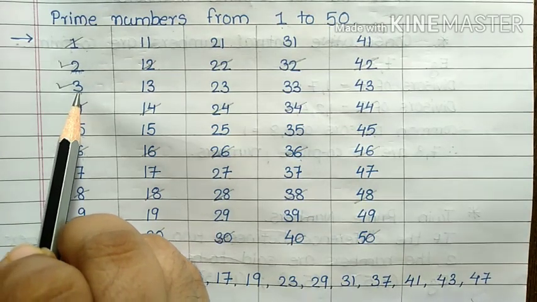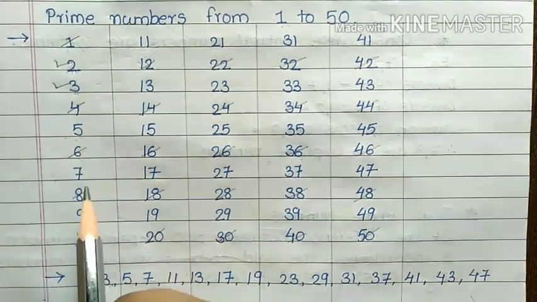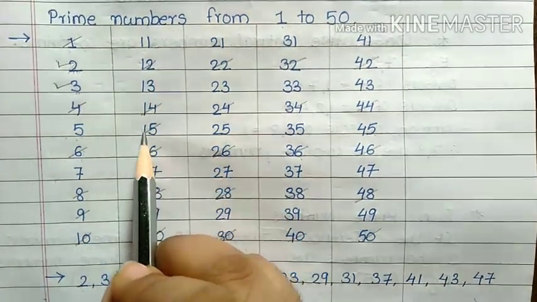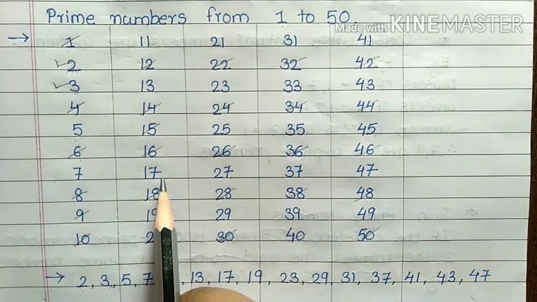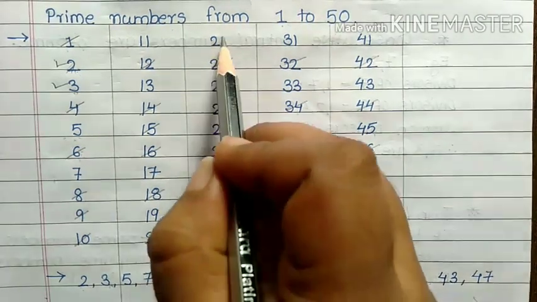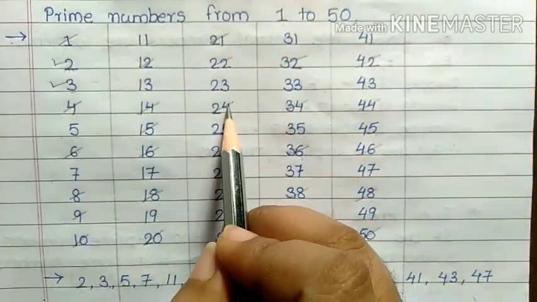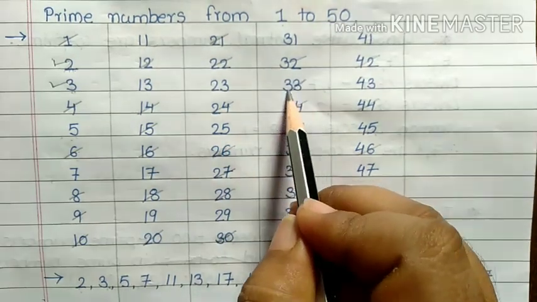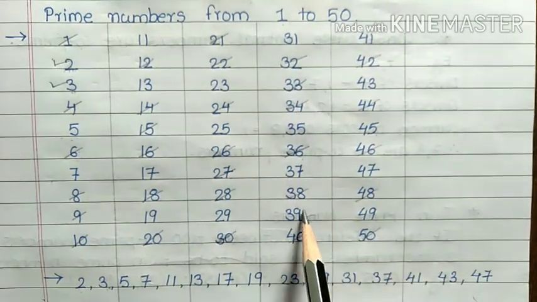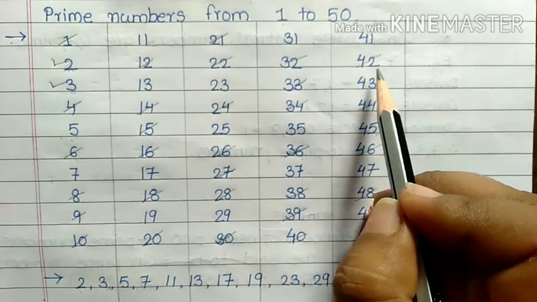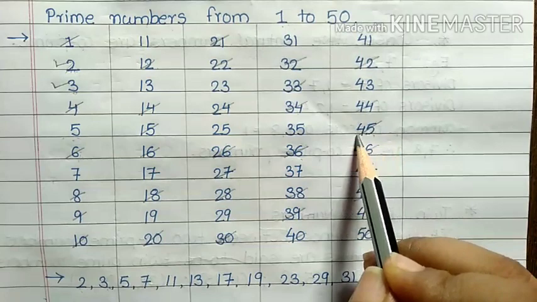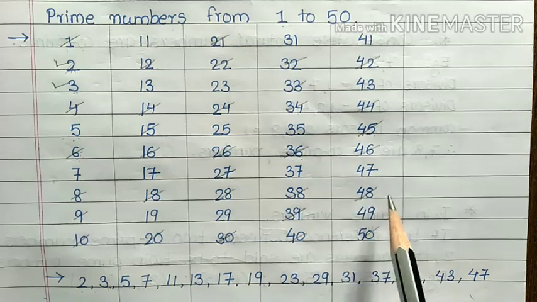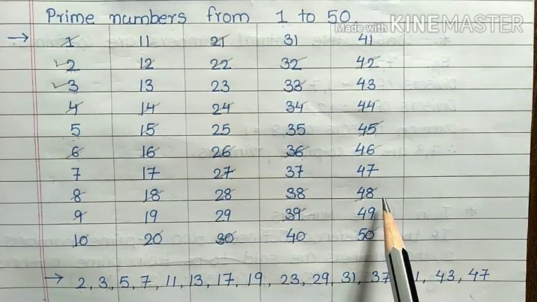I have to cut those. 3 2s are 6, already cut. 9. 3 4s are 12. 15, 18, 21, 24, 27, 30, 33, 36 already cut. 39, then 42, 45, 48. These many numbers are divisible by 3.